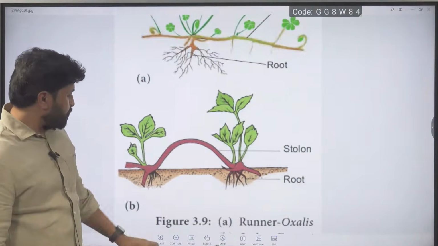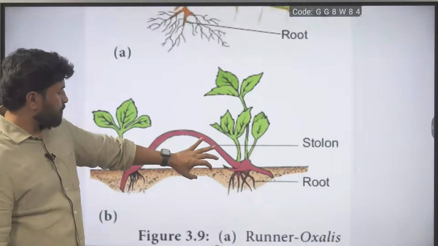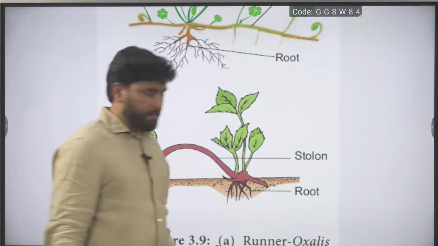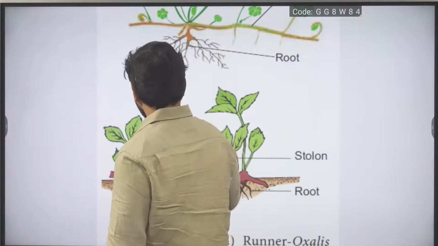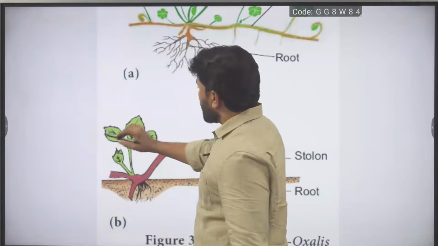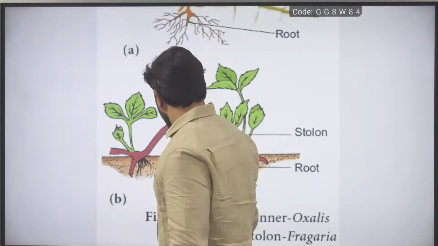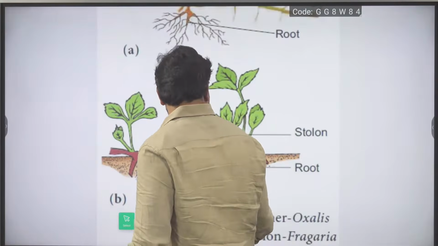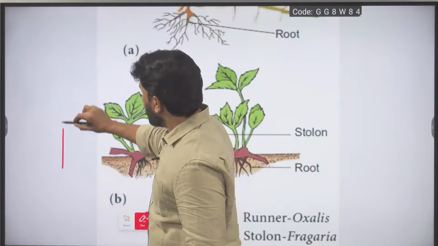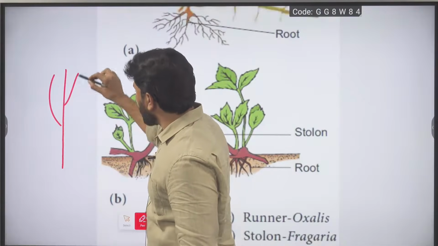Next, go to another one, stolon. When you talk about stolon, consider this: the stem is growing like this. A stolon stem is generally growing aerially. These are the branches.